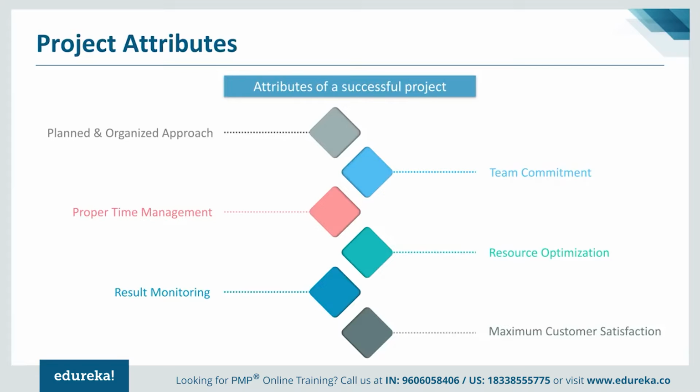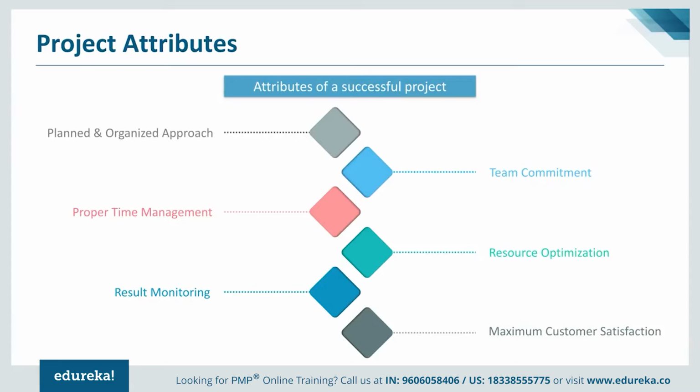And by the end of that project, obviously you will achieve better customer satisfaction. So a successful project will always achieve better customer satisfaction because you have executed that project well within time, well within budget by optimally utilizing the resources. Not only that, you managed the project risk effectively. All the issues on the project are closed properly.